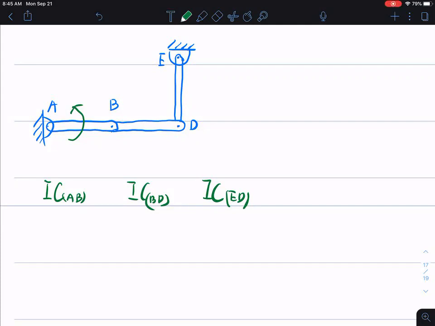And actually, it's the same diagram from your problems homework 2BC. Okay, you can talk to each other. Talk to your neighbors to see if you have the same location for the instant center.